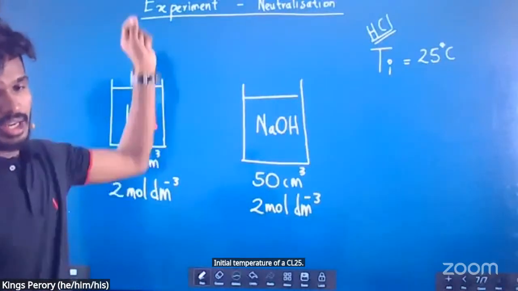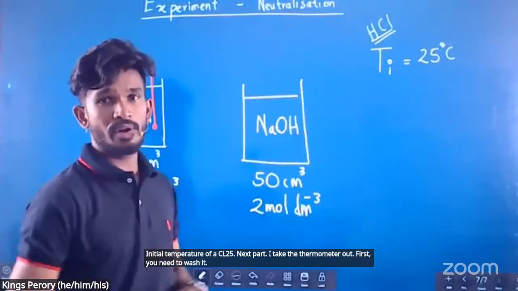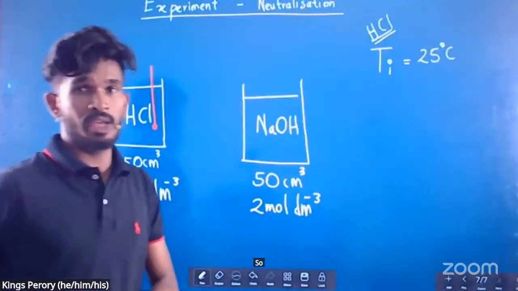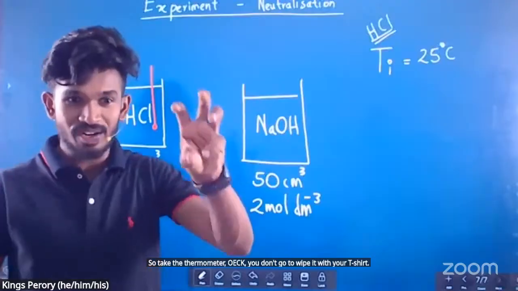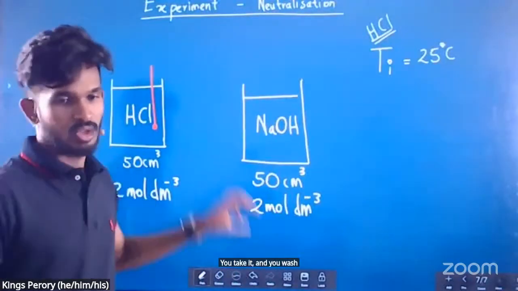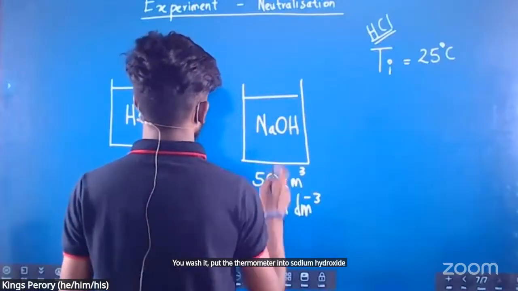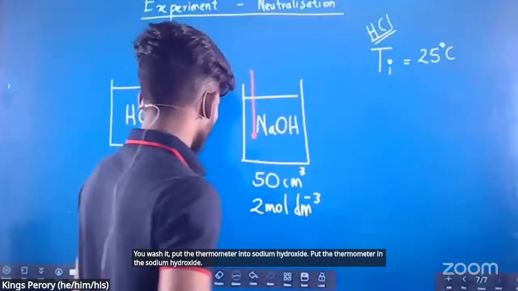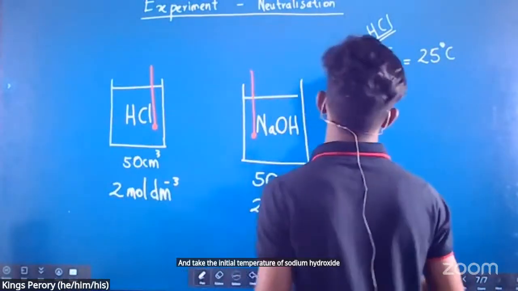Next, I take the thermometer out. First you need to wash it. Now we are practically doing this, so I'll tell each and every step. You don't wipe it with your t-shirt; you wash it thoroughly. Then put the thermometer into sodium hydroxide and take the initial temperature of sodium hydroxide as well.